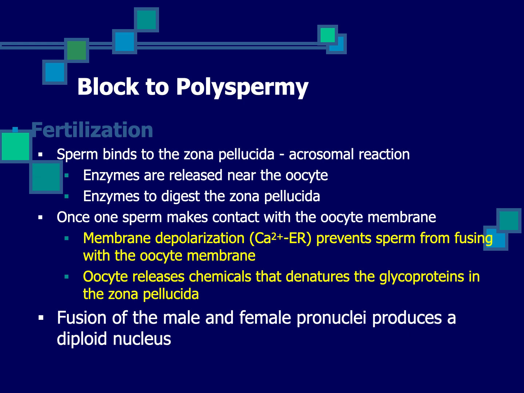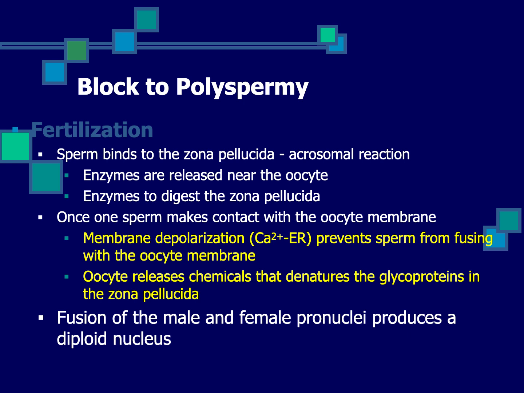When the sperm makes contact with the egg membrane, there's a depolarization, and so the first sperm can make it through, but this change in charge will prevent other sperm from simultaneously fertilizing the egg. It'll also trigger the release of chemicals that are going to change the nature of the proteins in the zona pellucida so that the acrosomal reactions can't occur.